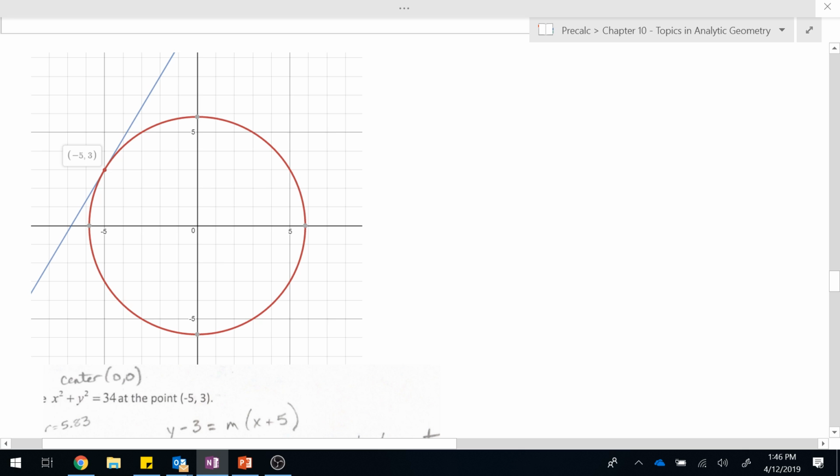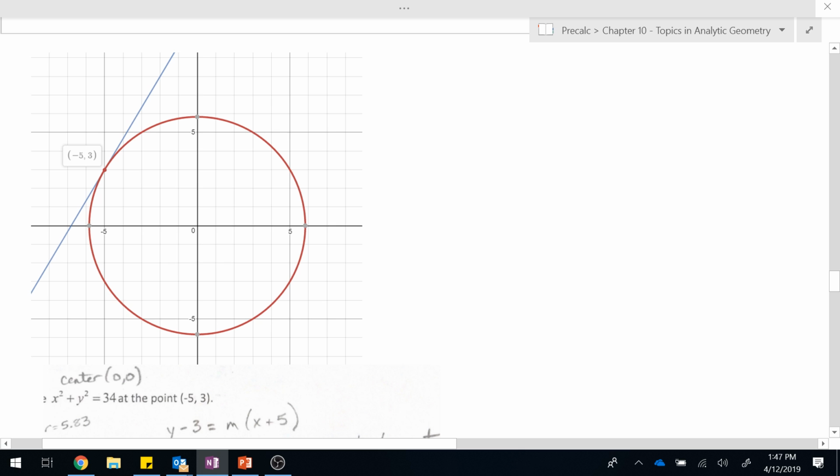That's really good. Because to find out the equation of a line, you need the slope. We already have the point, we just need the slope. But if we can figure out the slope of the perpendicular, then we know the slope of the tangent. How do we find the slope of the perpendicular line, the radius? What's the slope of the radius at that point? You can do it.